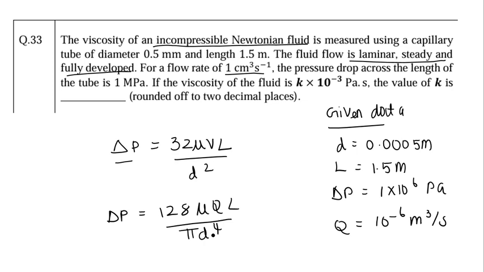What we need is viscosity, so write it in terms of viscosity. So mu is equal to del P pi d to the power 4 divided by 128 into Q into L.